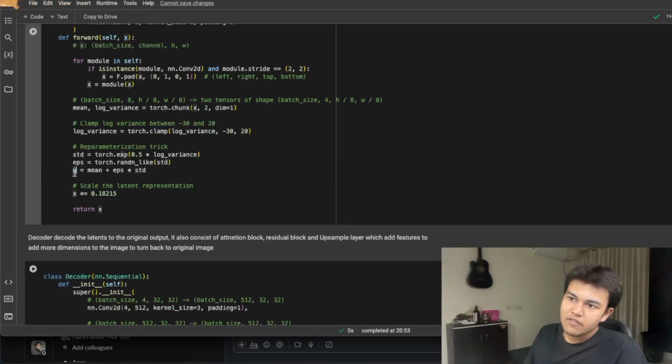So x is our latent, which we can also call z, and then we are just multiplying with a constant, which is coming from the diffusion library, and in the decoder we are also going to divide by this constant.